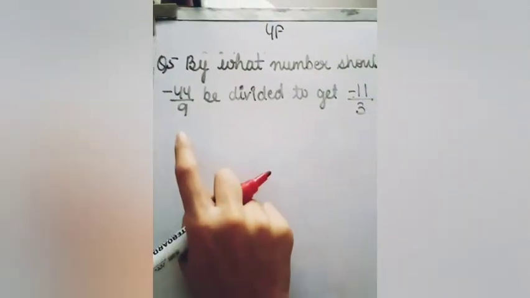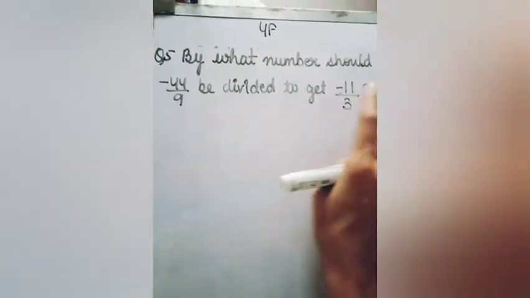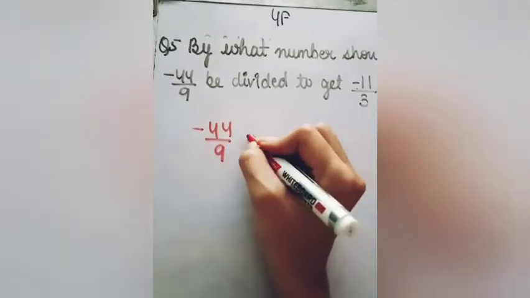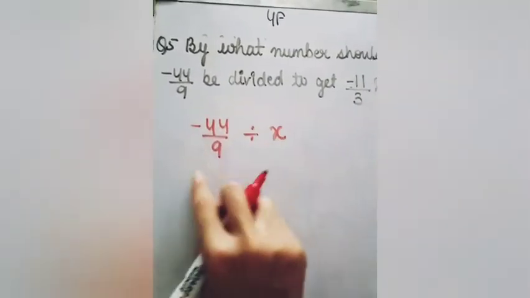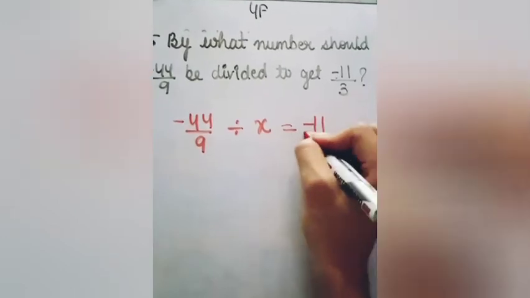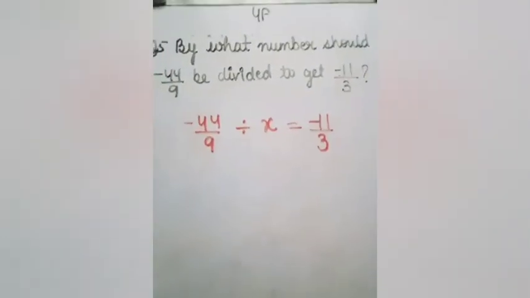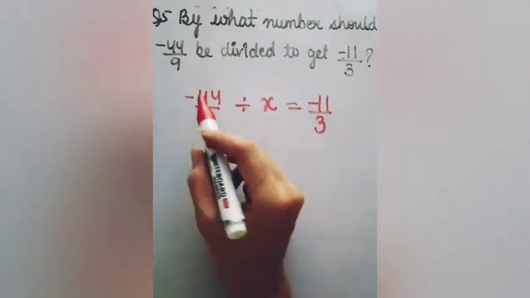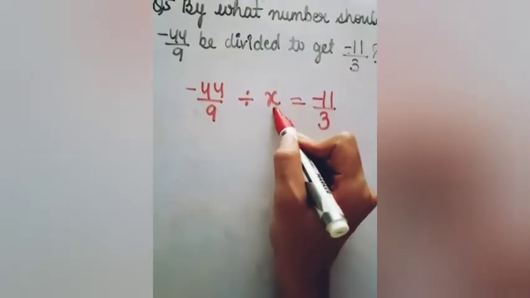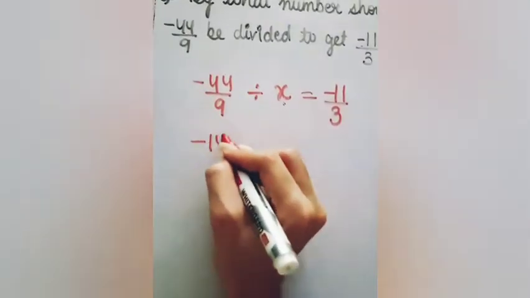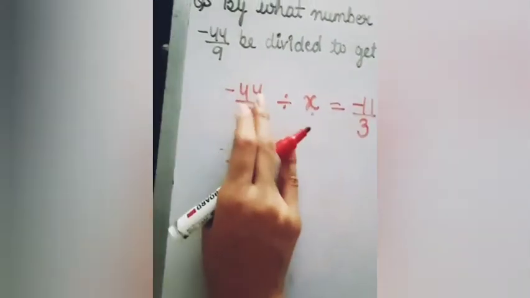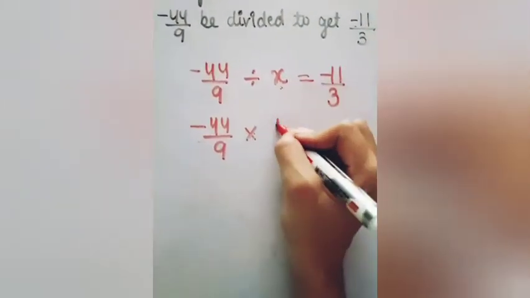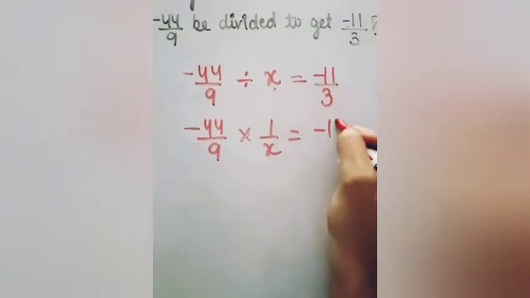Now students, see: by what number should minus 44 upon 9 be divided to get minus 11 upon 3? Now see here. Minus 44 upon 9 is to be multiplied by some number, so let the number be x. Now solve it. Minus 44 upon 9 multiplied by the reciprocal of x, which is 1 upon x, equals minus 11 upon 3.